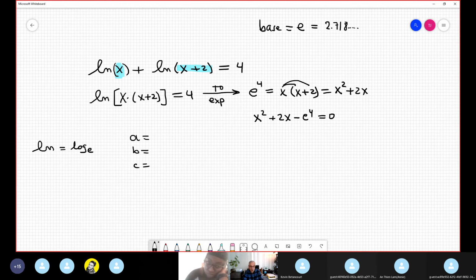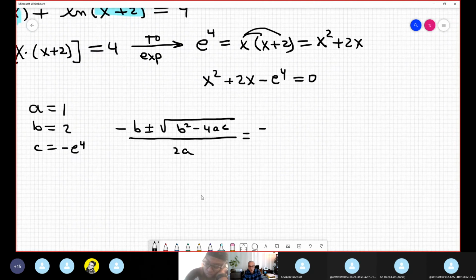A is 1, B is 2, and C is minus e to the 4th power. Super. Apply the quadratic formula: minus b plus or minus the square root of b squared minus 4ac, divided by 2a. In our specific example, b is 2.